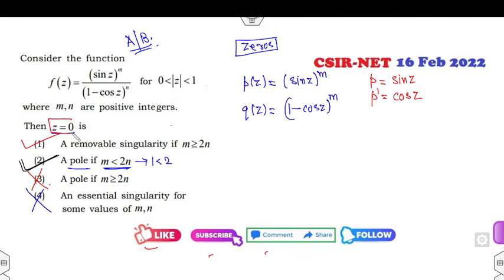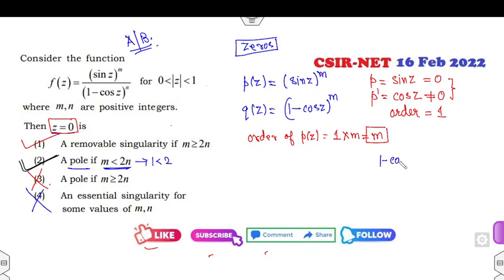At the point z is equal to 0, p is 0, and p dash is non-zero. That means the order of p is 1. So with the power m, the order is 1 into m, which is m.